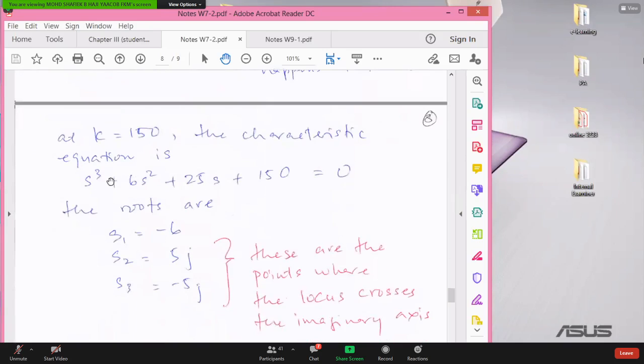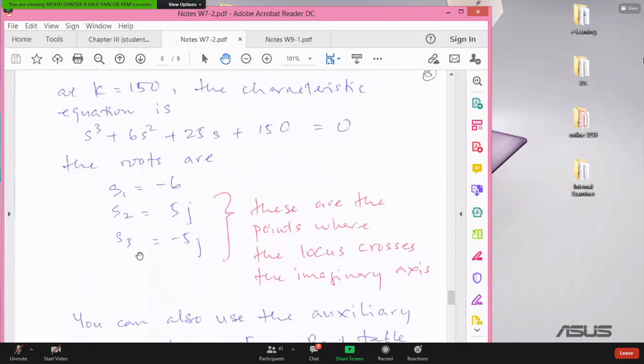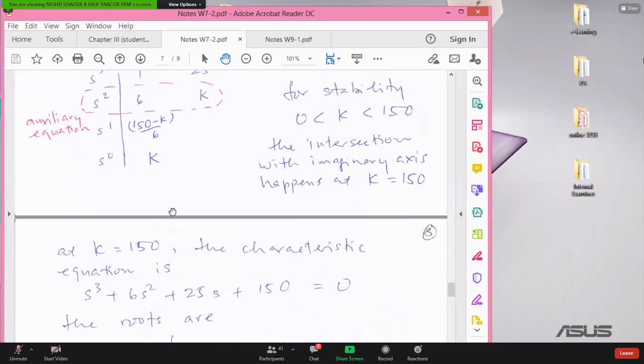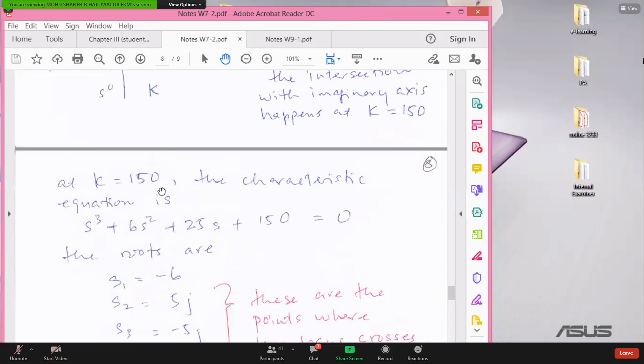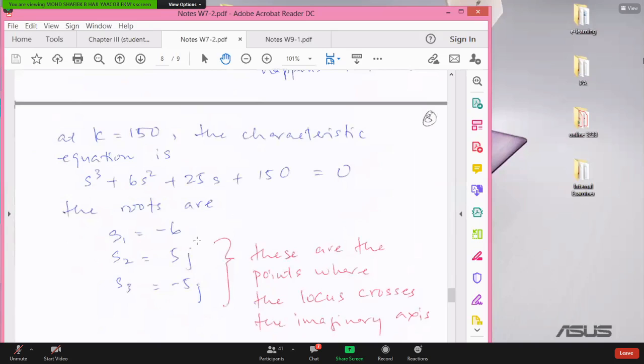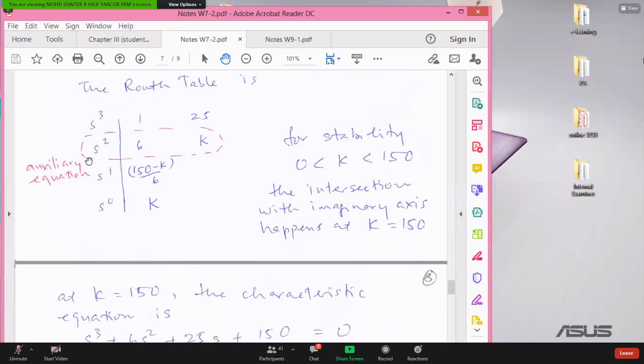So you can either substitute k equal to 150 in the characteristic equation and solve for the roots. This is where the intersection with the imaginary axis is, which is 5j and negative 5j. That's one way. Another way is to use the auxiliary equation.